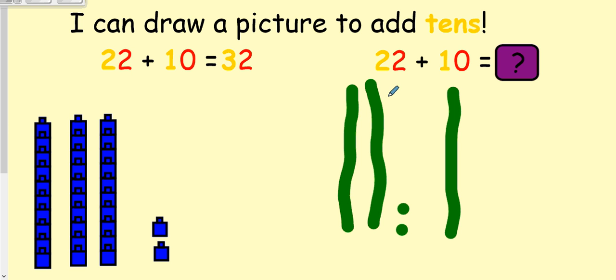Now we can count what we drew in our picture to put our parts together. Count with me. 10, 20, 30, 31, 32. 22 plus 10 equals 32.